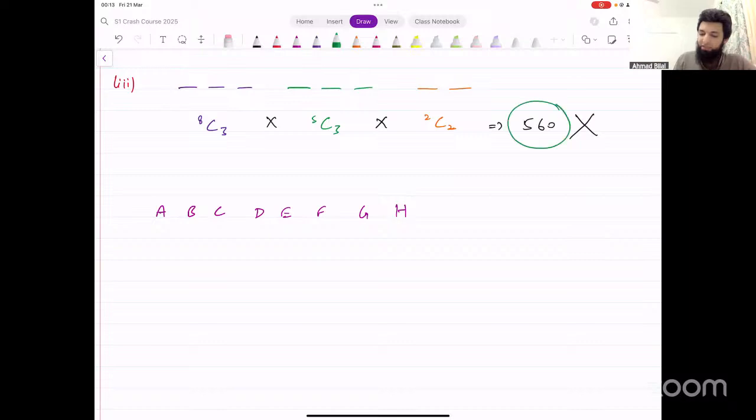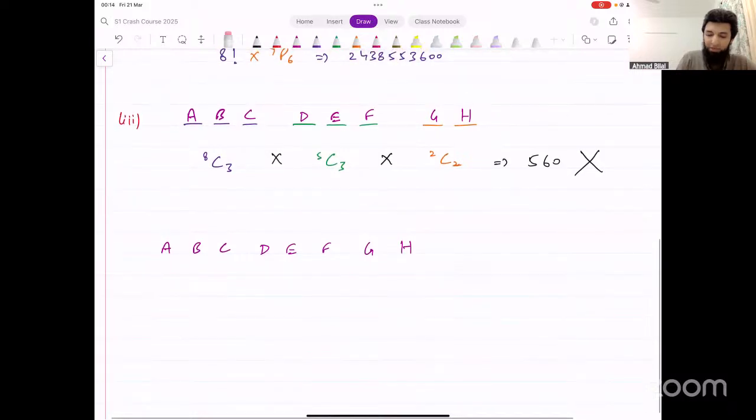Now, in these 560 groups, one possible grouping could be that you have A, B, C, D, E, F, G, H. This is one possible grouping that you can have. But is that the only possible grouping? No. Let's compare this with another grouping.